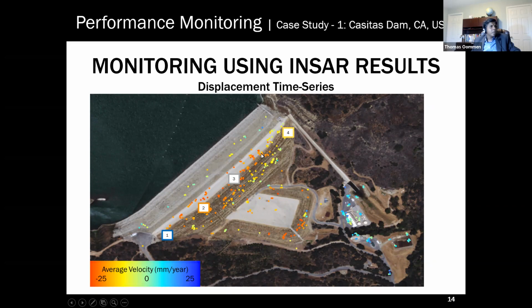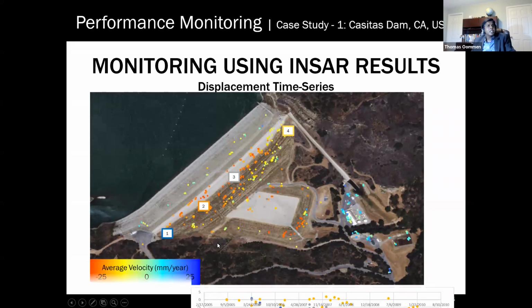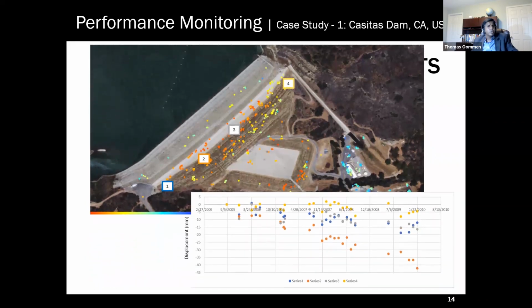The red areas are more settlement or ground slope failures. Uplifts were more on the downside. We looked at this from 2005 to 2010.